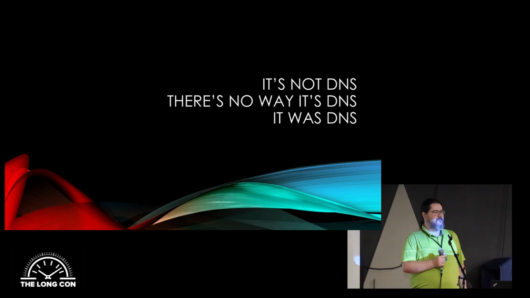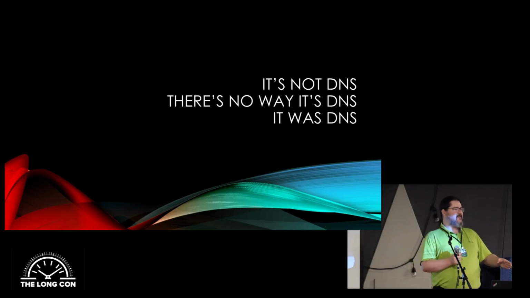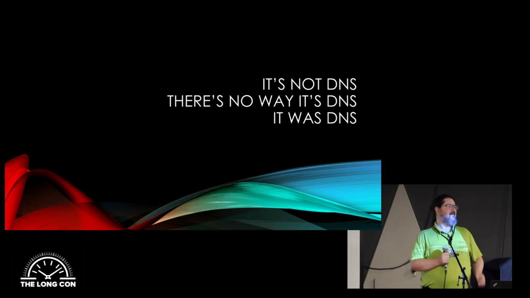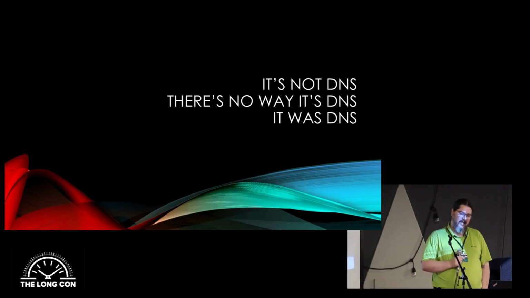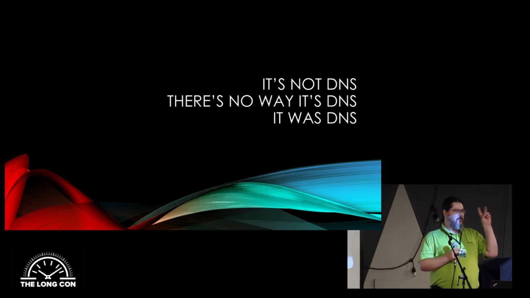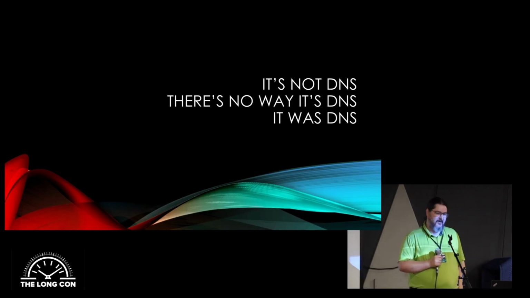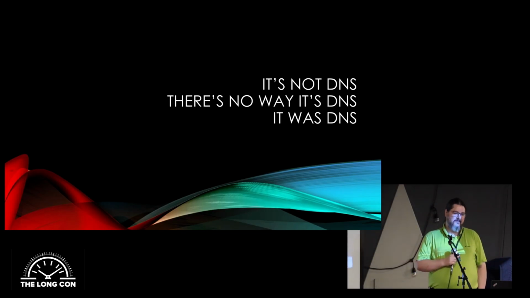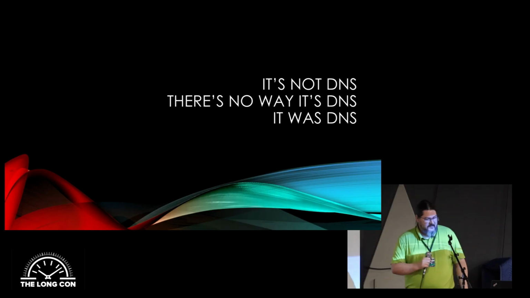Some operating systems will try the dead first DNS server on every single request before failing over to the other one. So this is an area where, if your DNS server is up all the time, and I mean, up all the time is always theoretical, but as available and as performant as it can be, then it'll just result in things working better.